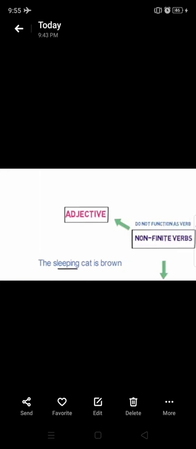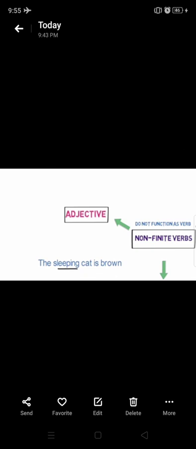Here, non-finite verbs are used as an adjective. Now if you see the example, the sleeping cat is brown. Now here, first of all, you need to know what an adjective is. An adjective is a word used to modify a noun. So in this example, we have the noun, the cat. Yes or no?